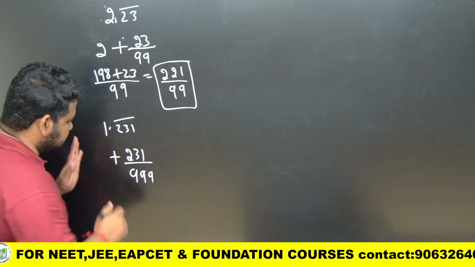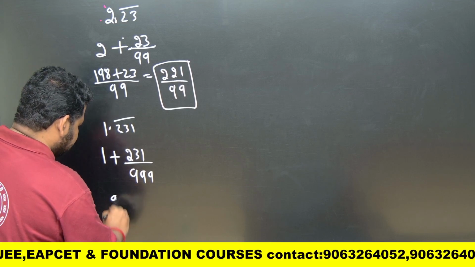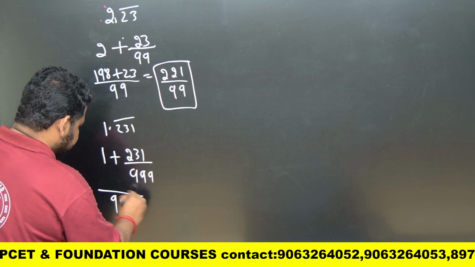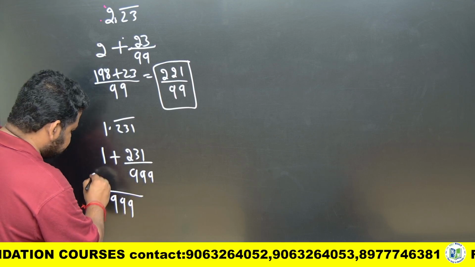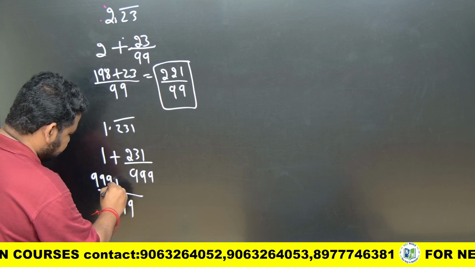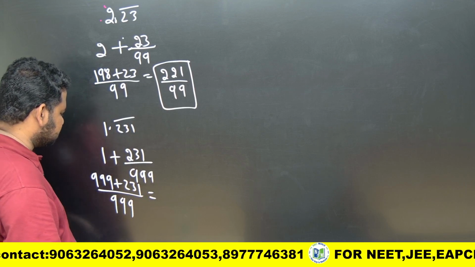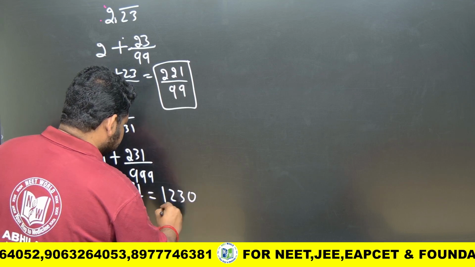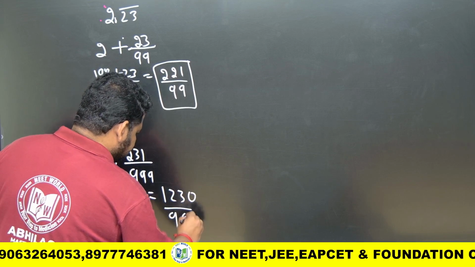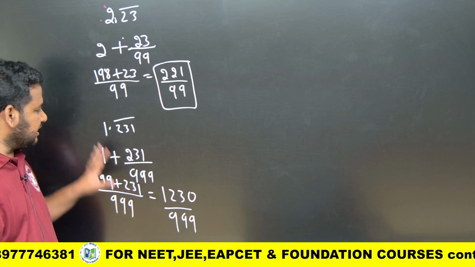Here 1, copy as it is. Now take the LCM. The LCM will be 999 itself. 999 into 1 is 999. This LCM you know how to take. Then plus 231. So if I add this, I get 1230 by 999. 1230 divided by 999 is the answer to this question.